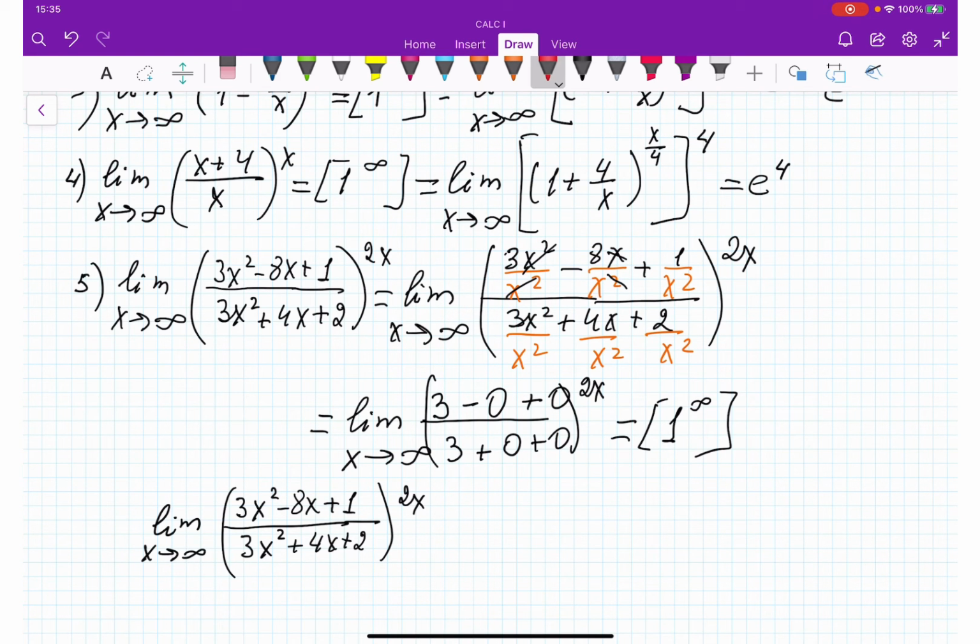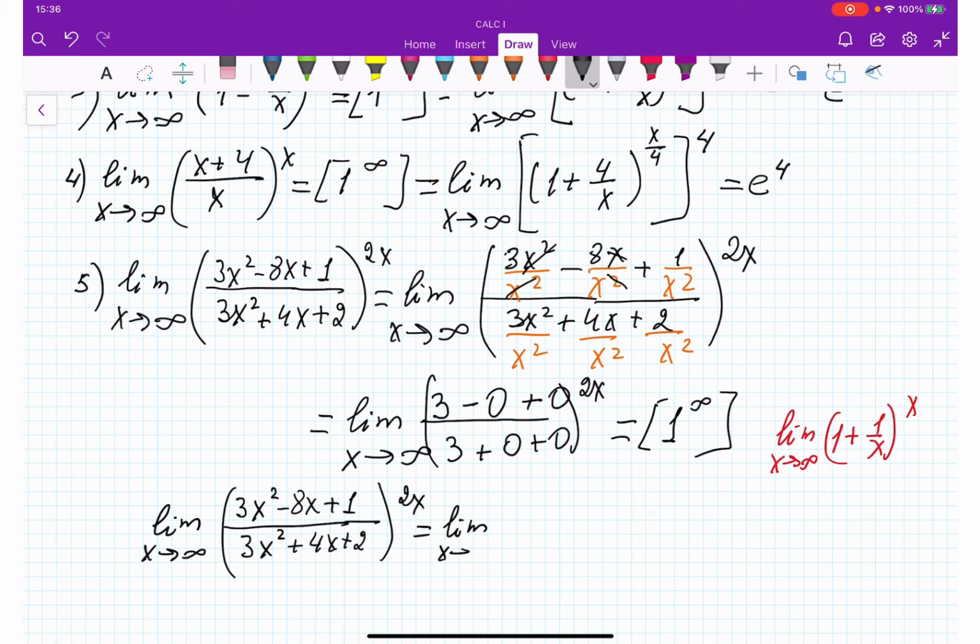Since we showed that we can use the definition of e by limit, as we have the form 1 to the power infinity, we need to make changes to this rational expression and bring it to the format 1 plus 1 over x to the power x. Yes? Okay, so let's say this entire fraction is our 1 over x. Now I need to add 1 to this.